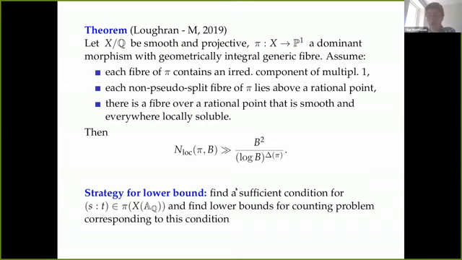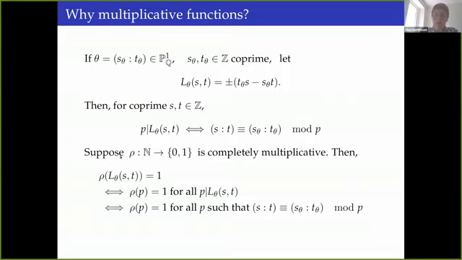And before I describe how this sufficient condition arises, I would like to motivate why multiplicative functions can be a good device in order to study fibrations over the projective line. If you look at a fibration over the projective line, you might take a rational point on that projective line.